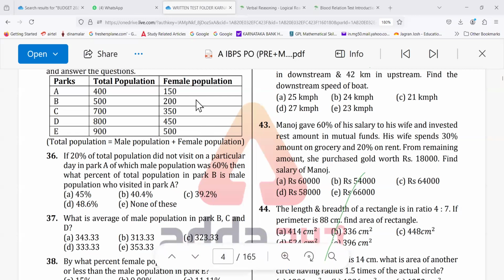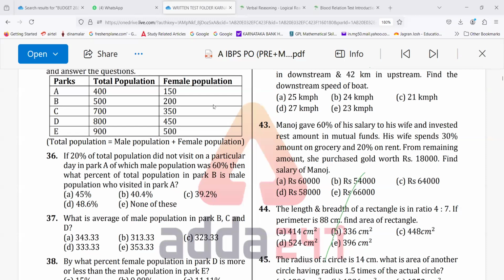Male population in B is 300, in C is 350, 300 plus 350 is 650, and D is 350. Then 1000 divided by 3 is 333.33.